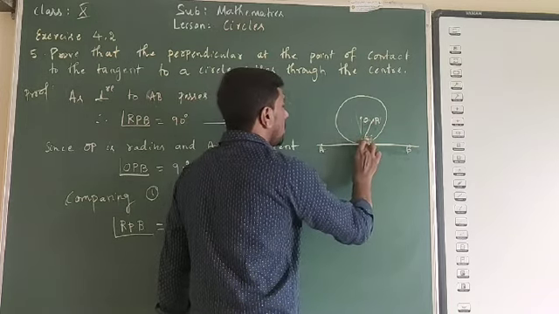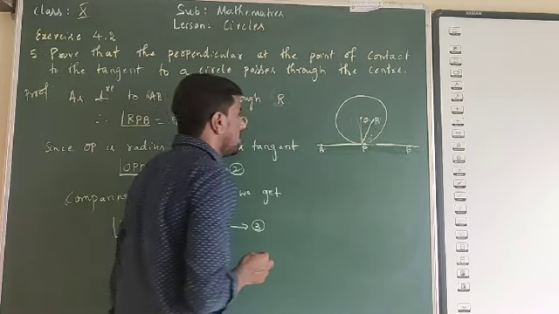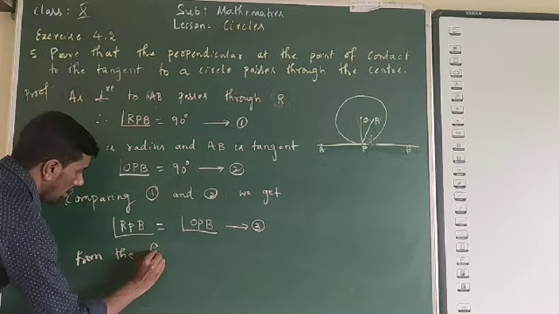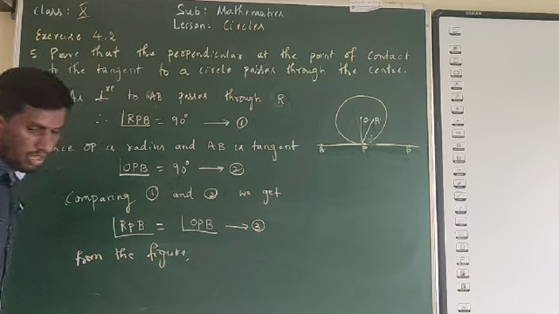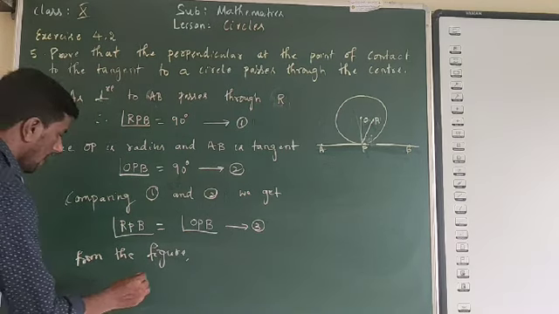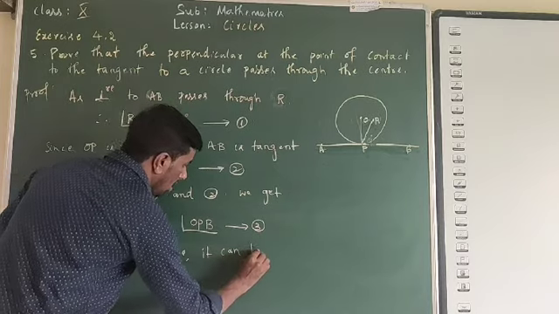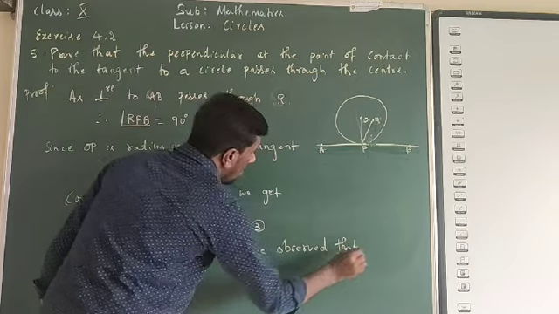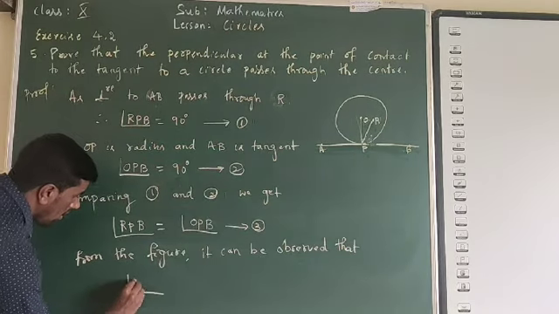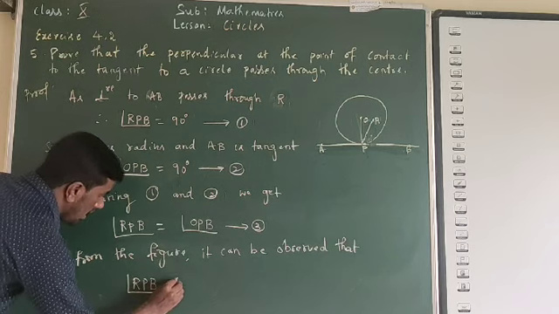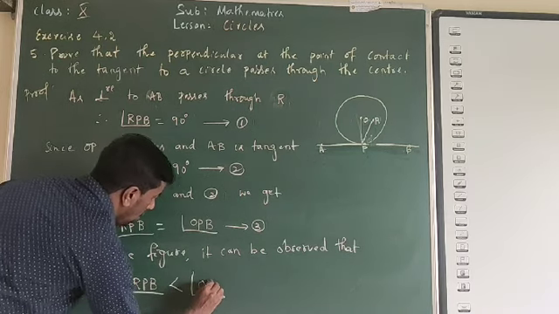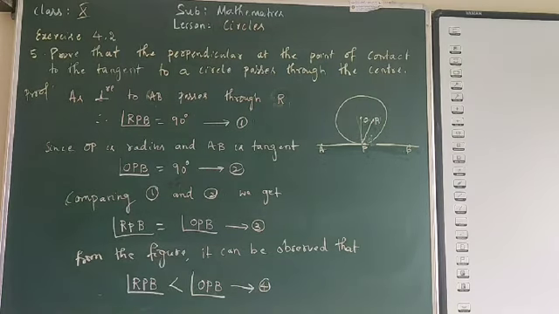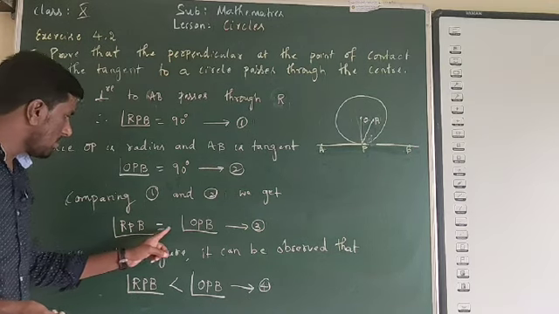So we'll write: from the figure, it can be observed that angle RPB is less than angle OPB. Equation 4.